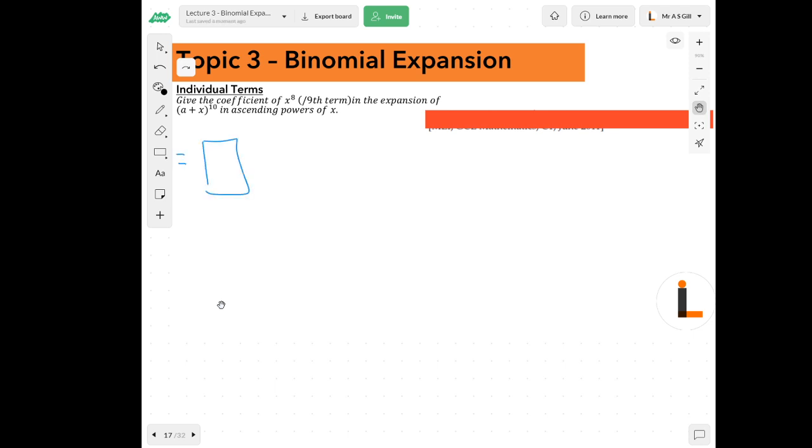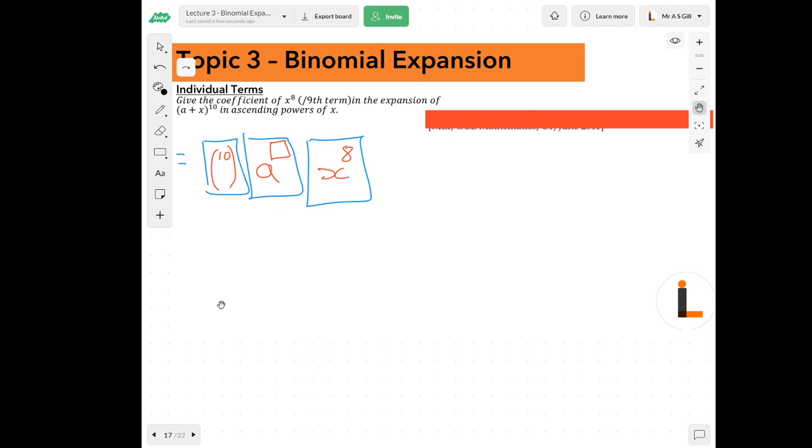Okay, but our principle is still the same. We still want to start off by having these 3 boxes. We know we're going to have in the first box some kind of choose function, 10 choose something. I wouldn't even worry about what we have to make it choose just yet. I'm just going to write it as 10 choose something. Then, second bit, we're going to have a to the power of something. And then x to the power of 8 is given to us in the question. Now is when we use our understanding of how binomial expansion works.